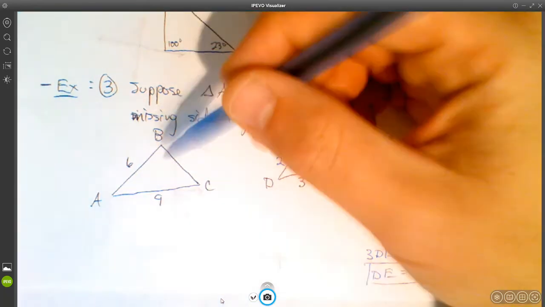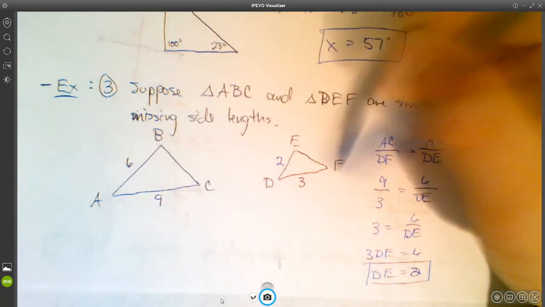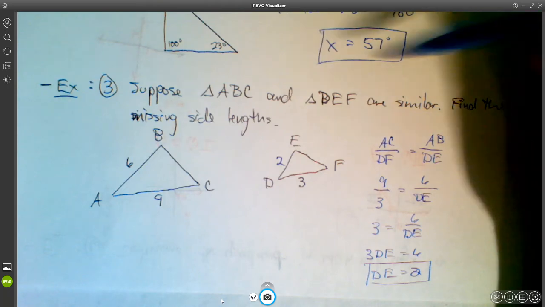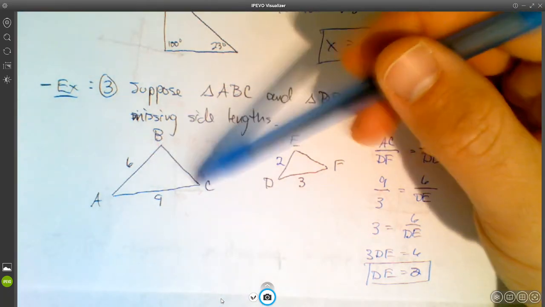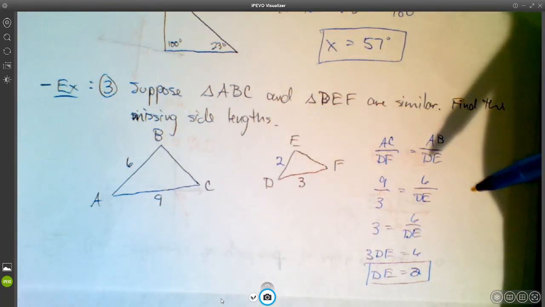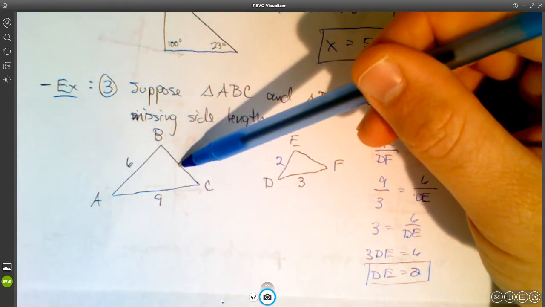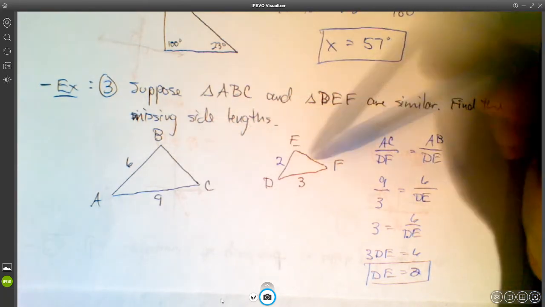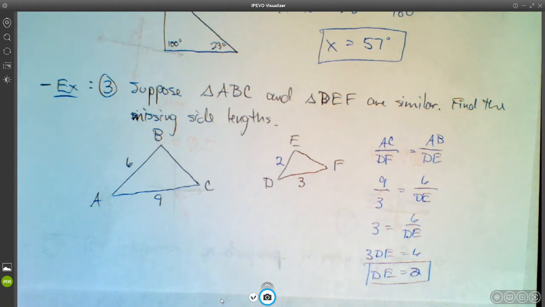So now we need to find this third side. Well, can we do that? I think we need to know at least one of these lengths so that we can find the other one, right? Let me think about it.